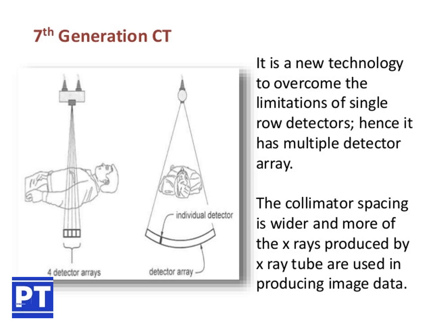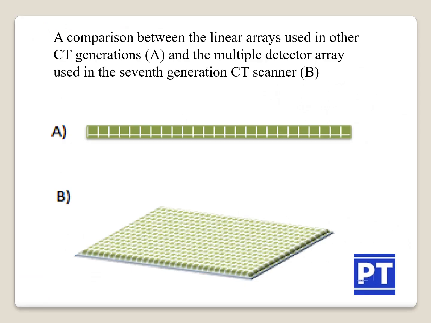Instead of a single detector array, a multiple detector array is there, and it is MDCT. It will be discussed in the upcoming topics. So a comparison between a linear array used in other CT generations, A, and the multiple detector array used in the 7th generation CT is shown in B.